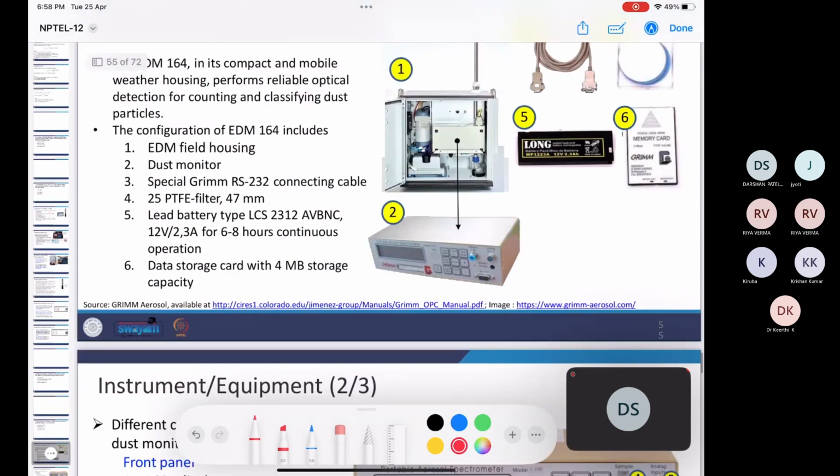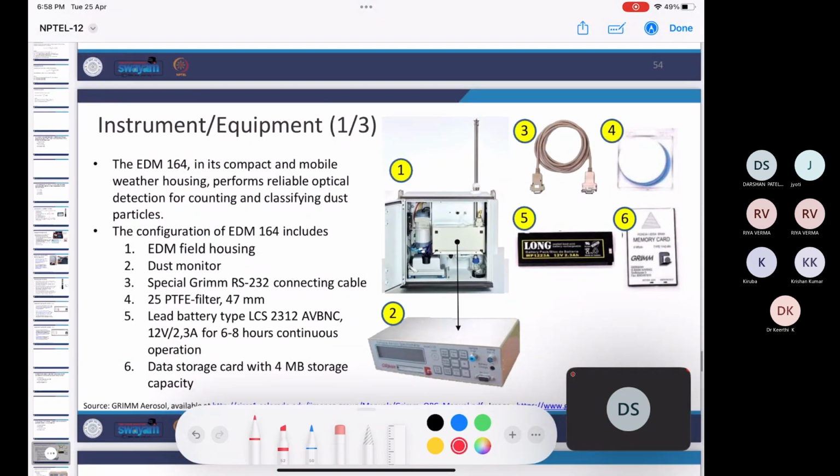First of all, let me tell you how this device works. So this is your environmental dust sampler. This is your outer casing. If we need to take the samples at the ambient environment, or we need to take the sample where the humidity is relatively higher, then we use this outer casing.